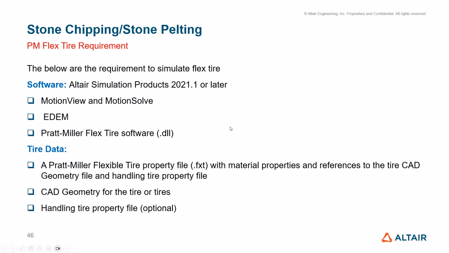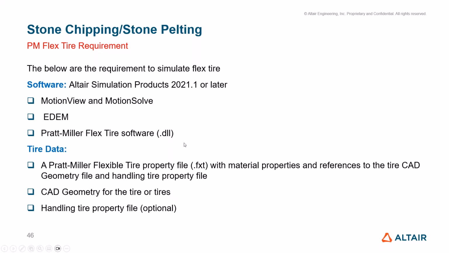Just to give the requirements from the software side, PM FlexTire is available from EDEM version 2021.1 or later. FlexTire is not a separate software, just a DLL file and an exe file to generate the mesh, and the coupling DLL should be placed in the appropriate location, and also the tire data.